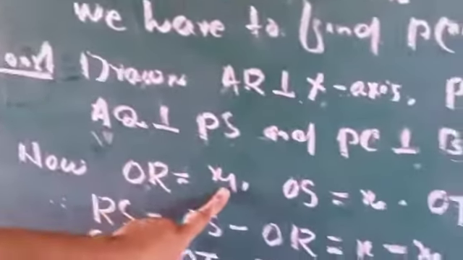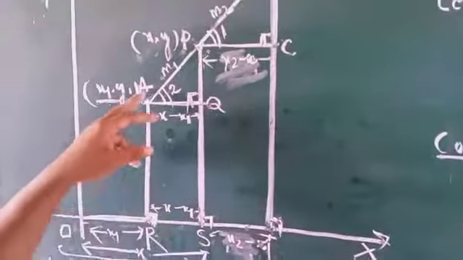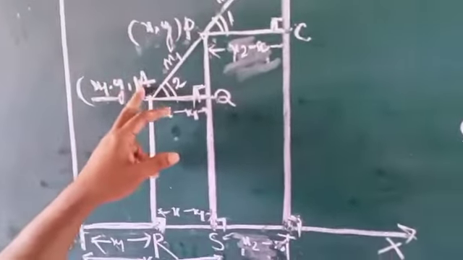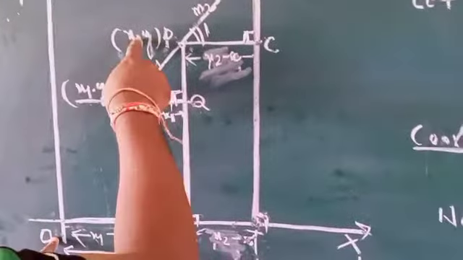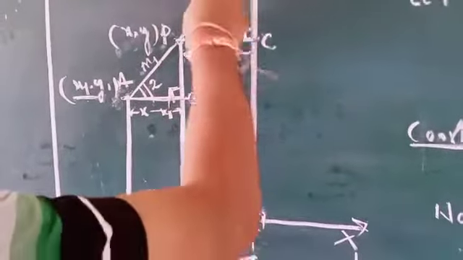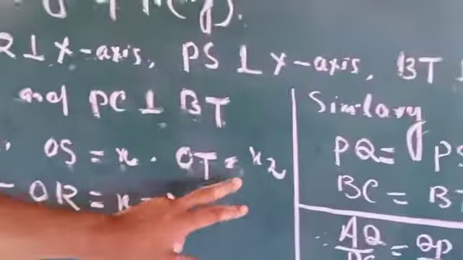Now OR is equal to x1, because the coordinate of A is (x1, y1), so this is the distance from the origin to A on the x-axis. OS is equal to x and OT is equal to x2.